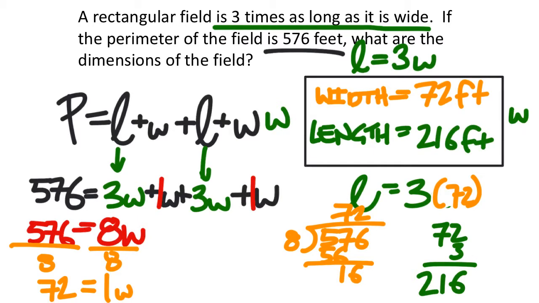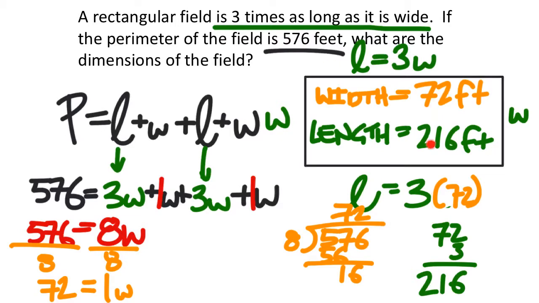216 feet. Now, we need to verify that all of the conditions they gave us are still true with these 2 measurements. So, is 216 3 times as long as 72? Yeah, we just confirmed that here. That's okay. And then the last thing we need to do is verify that the perimeter with these 2 measurements would still be 576.